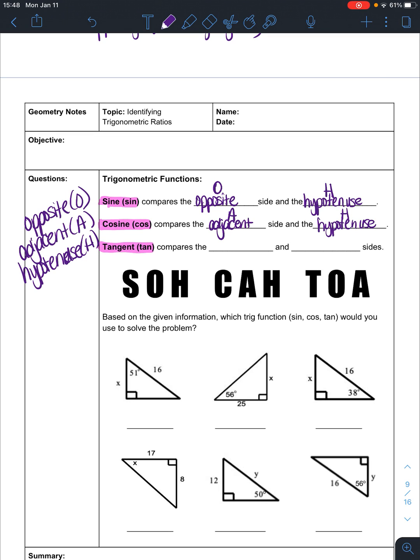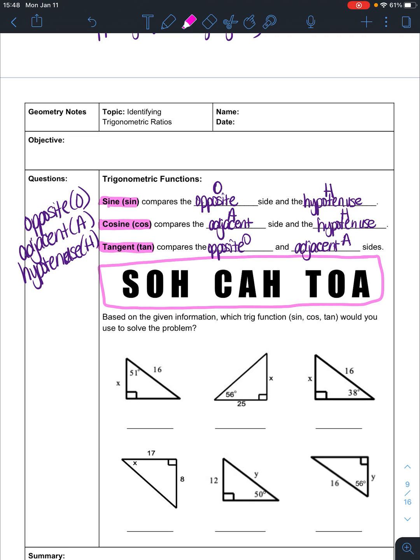A and H. And then tangent compares the opposite side and the adjacent side. And you'll learn soon how they compare. That's O and A.